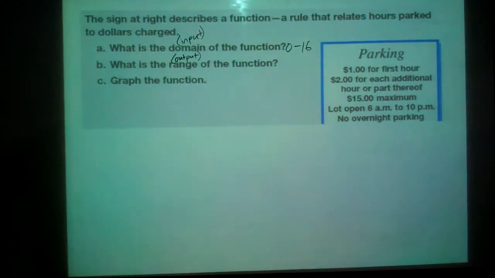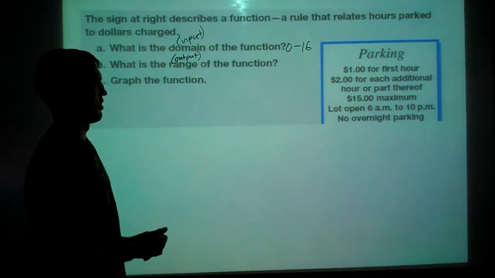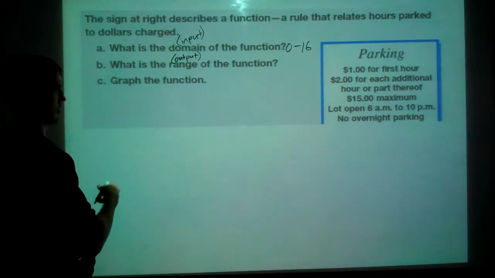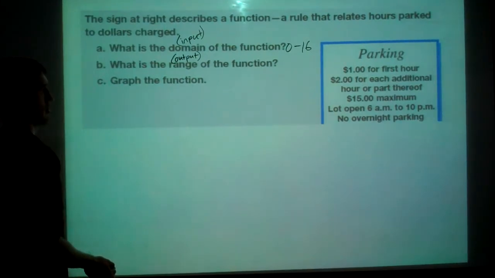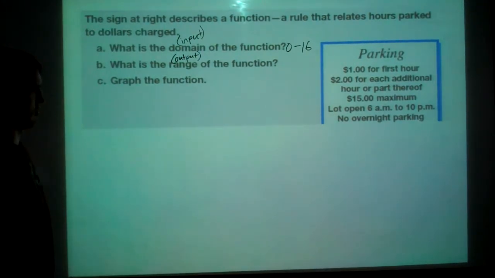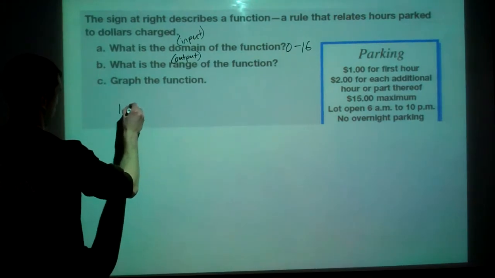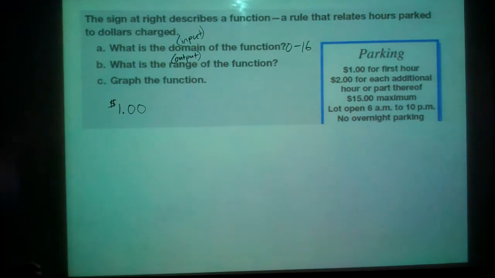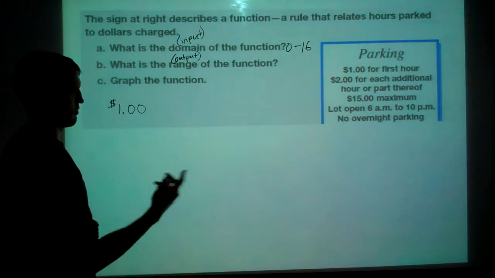Okay. Now what is the range? Well, looks like for the first hour, it's $1. Okay. So now we're looking at prices, and then it's $2 for each additional hour thereafter. Okay. $15 max. So we'd be looking at $1 for the first hour. And any hour after that, and there's a $15 maximum. So a $2 charge for every hour after.